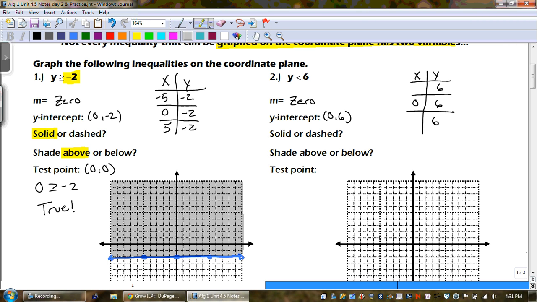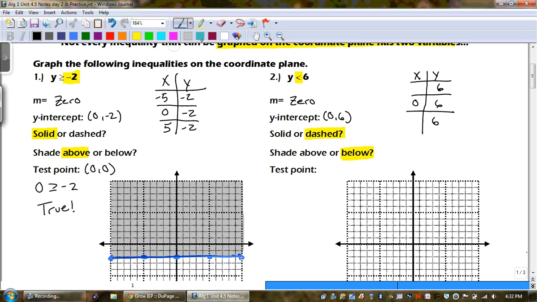Now, is it solid or is it dashed? It's going to be dashed because of our inequality right here. It's less than, so that's a dashed line. And do we shade above or below? We shade below.